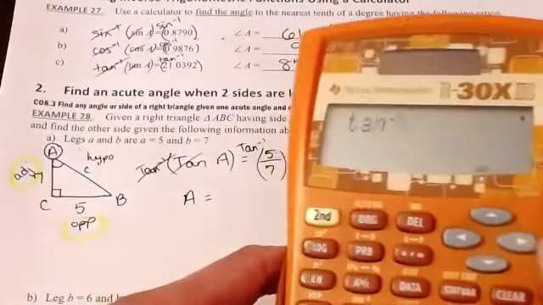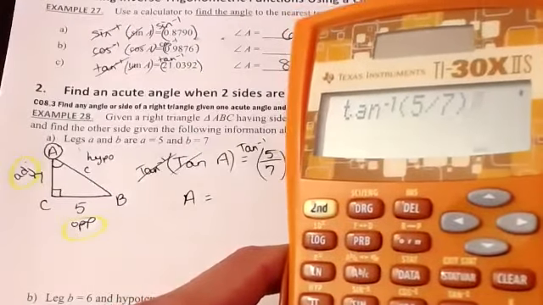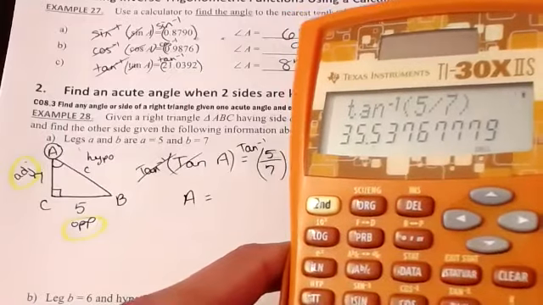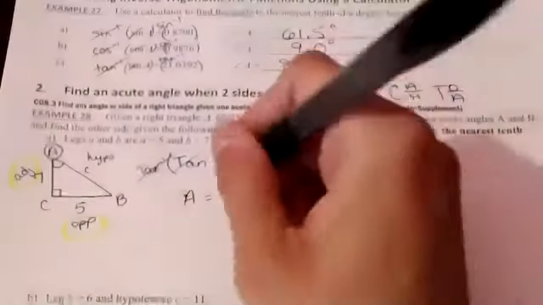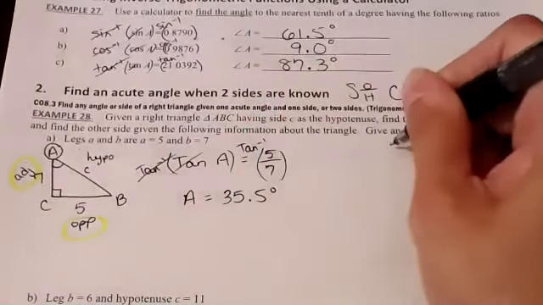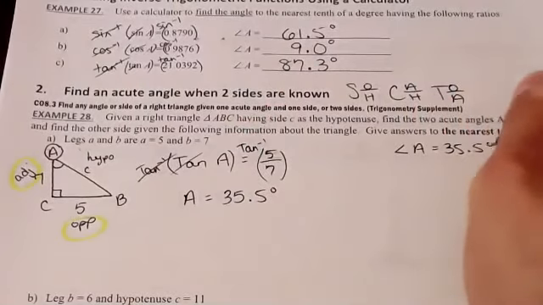Second tangent, and we could literally type in 5 divided by 7. Press enter, and we get that A is 35.5 degrees. So I'm going to write angle A is 35.5 degrees.